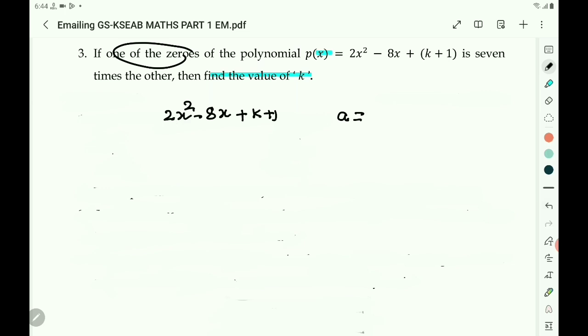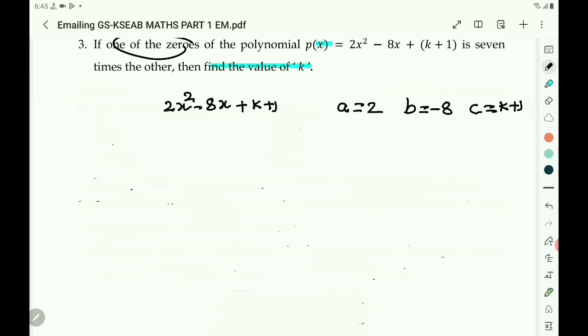A equals 2. B is the coefficient of x. B equals minus 8 and C equals, C is the constant which is equal to k plus 1.